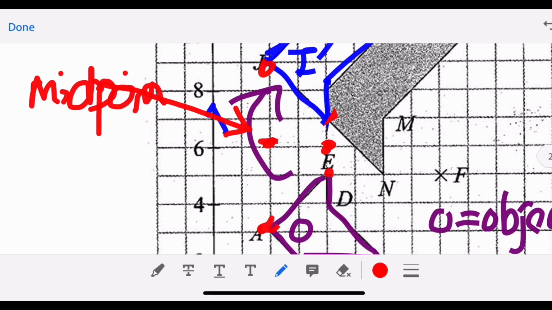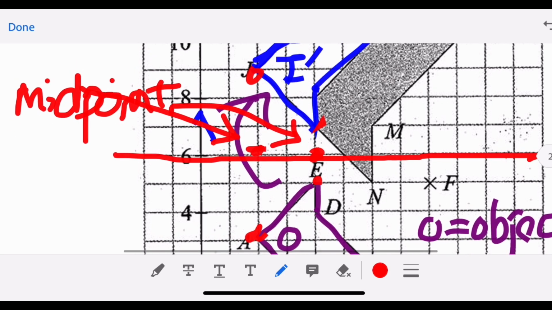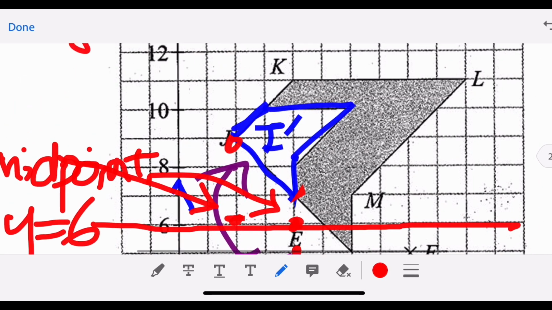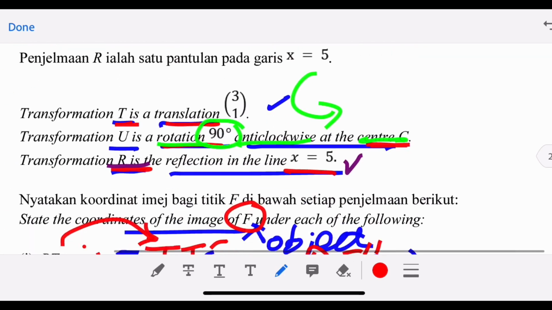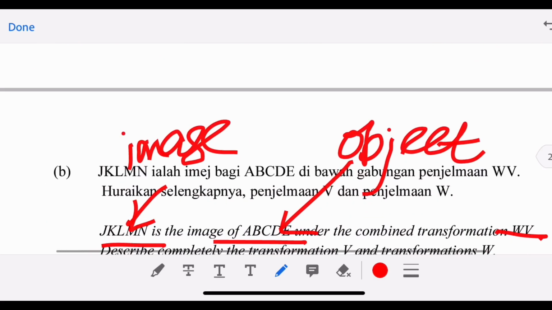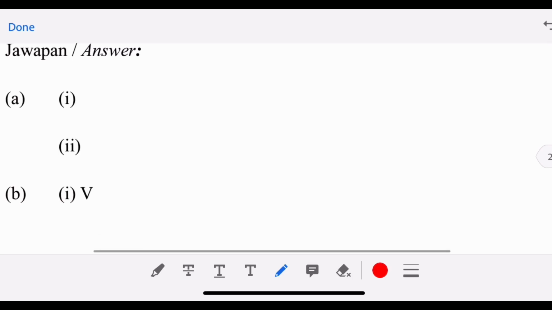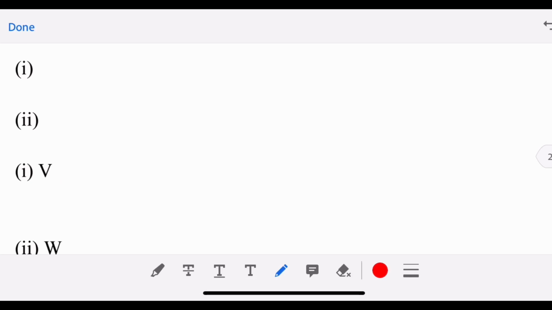If you can find the midpoint between the object and image, so we always focus on the point because the object consists of points. I will try to figure out, can I get a midpoint? If I can get a midpoint, and the orientation of the object remains, then that is actually reflection. So I will write down the word reflection. Make sure you spell correctly so that you won't lose marks for the spelling.